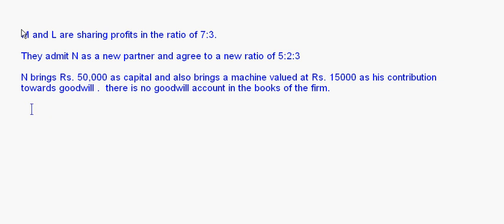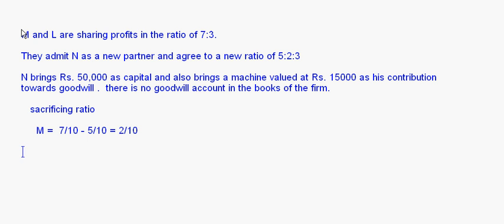Okay, now look at this. First of all, in every question, this is important, sacrificing ratio. So you should not make any mistakes in calculating the sacrificing ratio. If this goes wrong, the whole answer will go wrong, right? So this will be 7/10 minus 5/10, right? So this comes to 2/10.